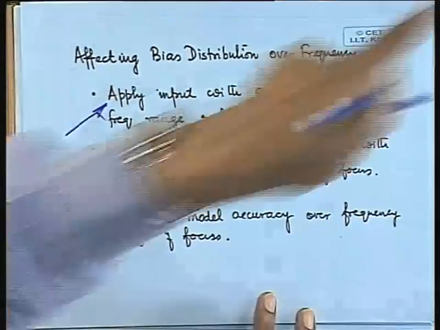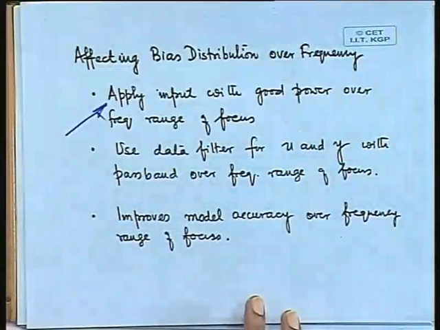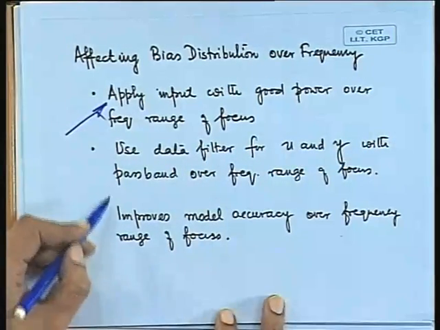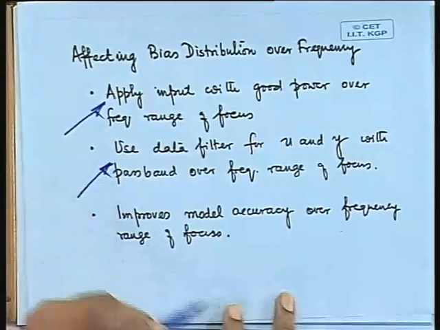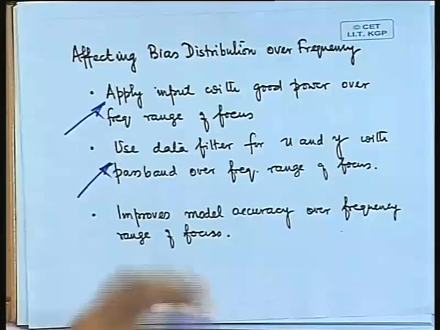You cannot give a high frequency input and then expect good accuracy in your low frequency model. To improve that further, you should use a filter which will further focus the input output onto the frequency band. Then on that focused frequency band you will get good accuracy compared to other bands. So that is all for today.